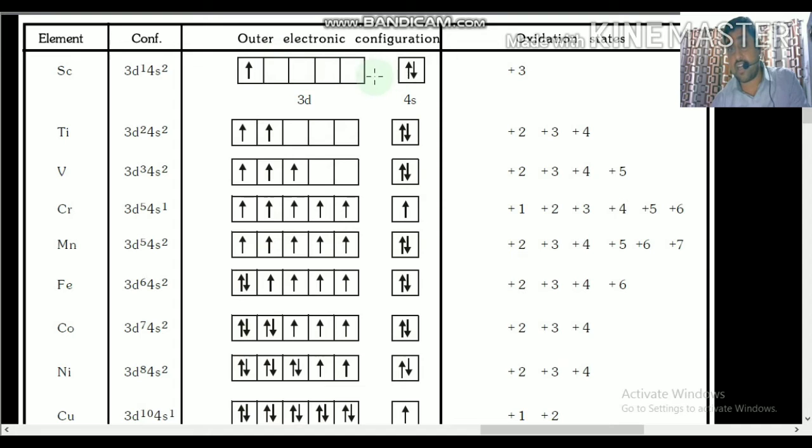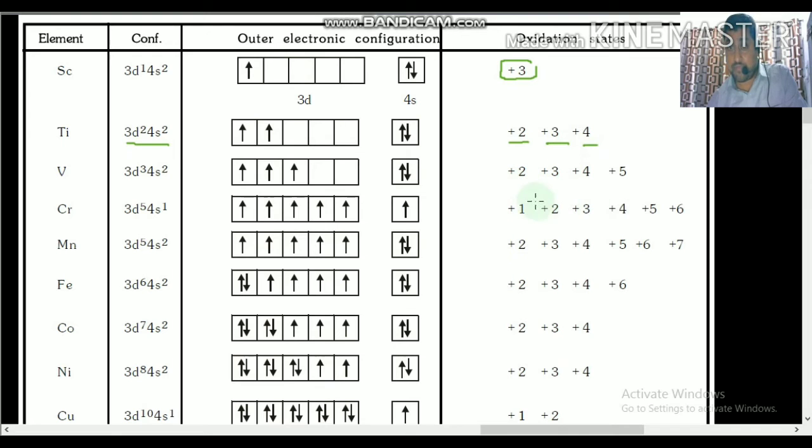This is the outermost electron configuration, that is the d and s subshell, and then here are the oxidation states. In scandium 3 electrons are there, so the oxidation state is +3. In titanium it is 3d2 4s2, so +2 is there, +3 is also there, and +4 is also there, so 2 to 4. Now there is a large variety of oxidation states.